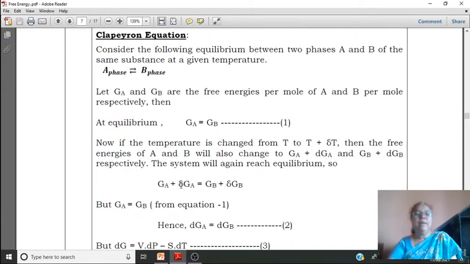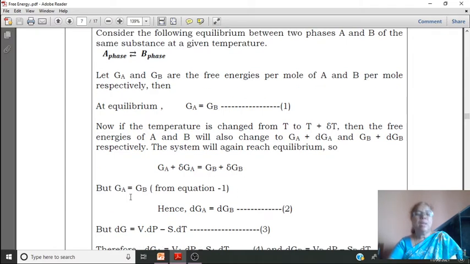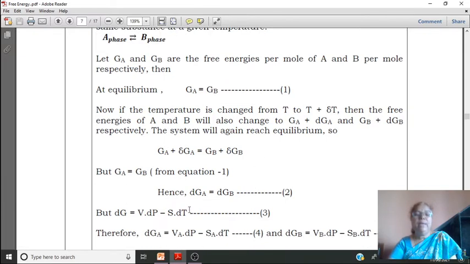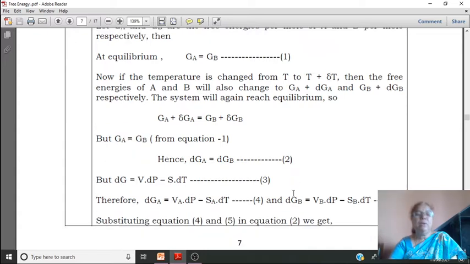Therefore, we can write Ga plus dGa equals Gb plus dGb, and as we have Ga equals Gb from equation number 1, we can write dGa equals dGb, and it is our expression number 2.